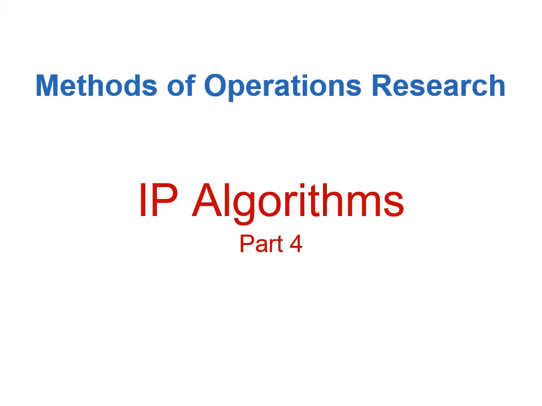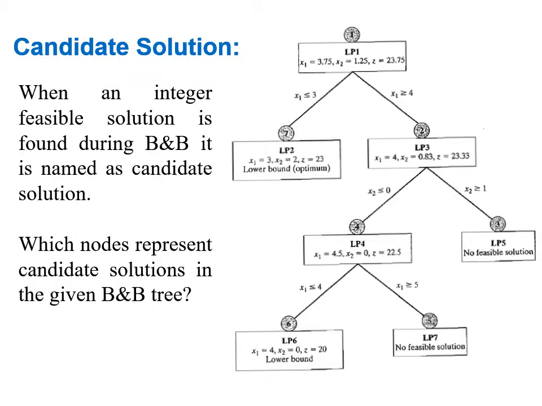So let's get started. The first thing that we will learn in this lecture is the concept of candidate solution. In fact, the candidate solution is an integer feasible solution, nothing else. During the branch and bound search, whenever you solve a subproblem in one of the branches, remember, in branch and bound, we always solve linear programs.